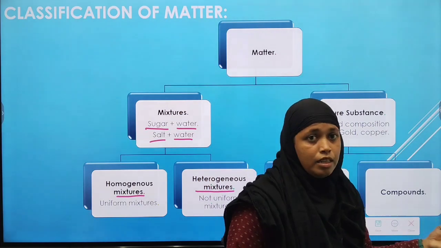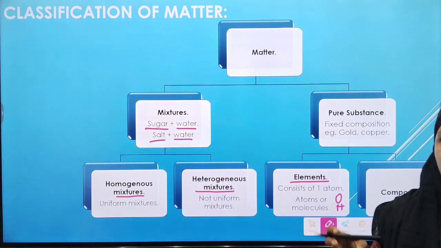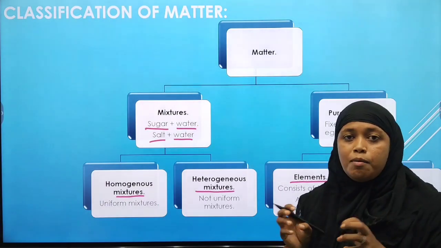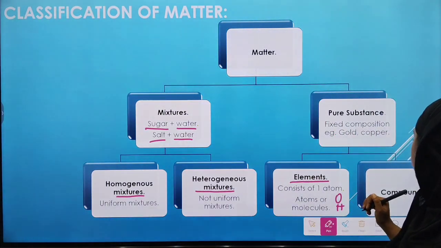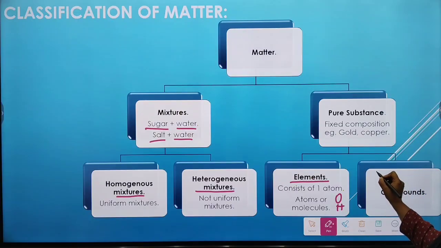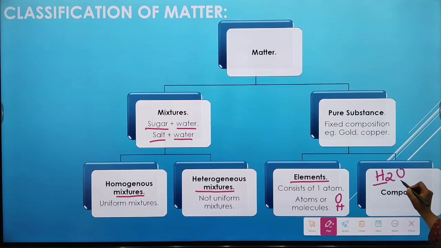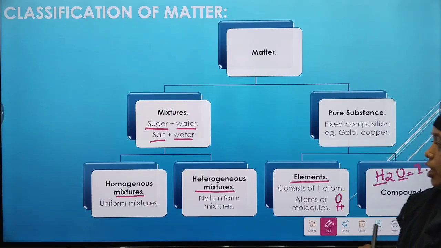On the other hand, compounds are formed when two atoms or two molecules combine with each other in a definite ratio. For example, H2O: over here we have two atoms of hydrogen and one atom of oxygen, and this ratio comes up to 2:1.